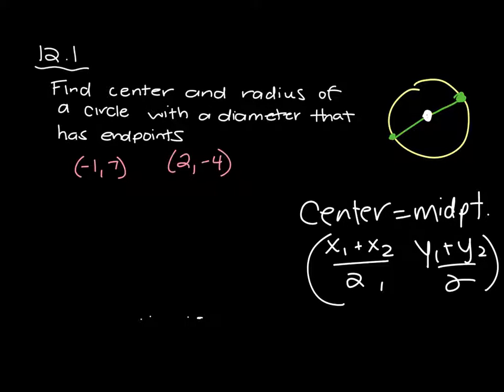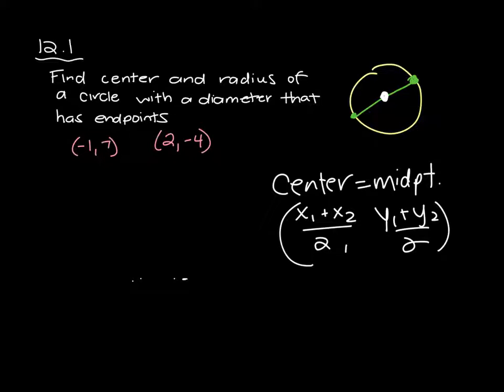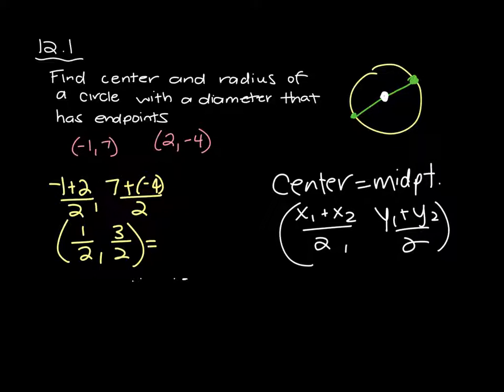So if I want to find the center of the circle with these endpoints, I would find the midpoint, so -1 plus 2 over 2, and then 7 plus -4 over 2, which is 1/2 and 3/2. This would be the center of the diameter, or the center of that circle.